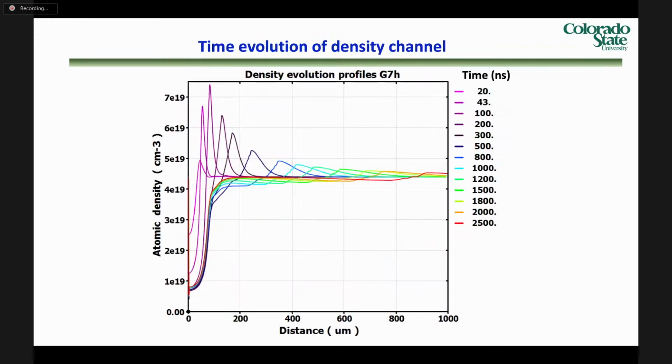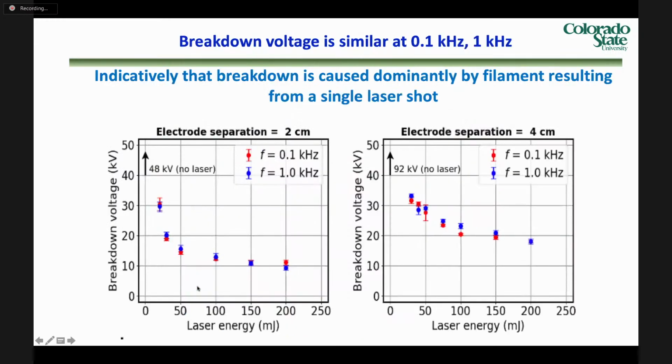And this is again the result of the simulations of how the channel is formed as a function of time. During the laser pulse, this channel starts forming, then deepens, and stays for several microseconds at the maximum depression.